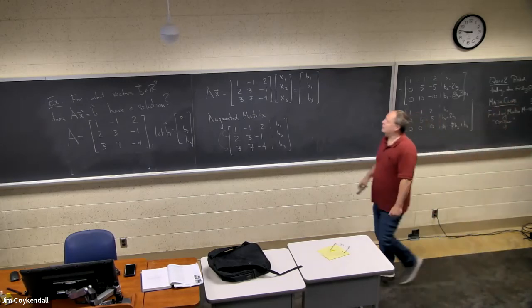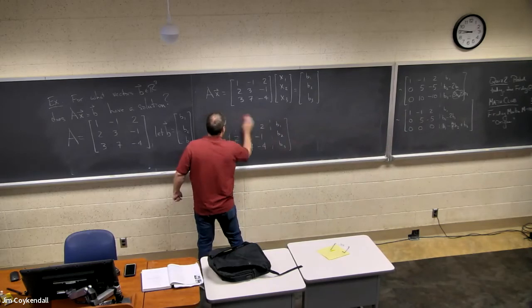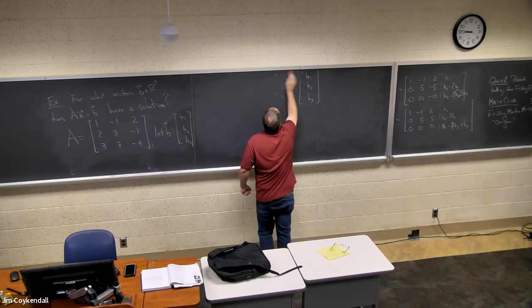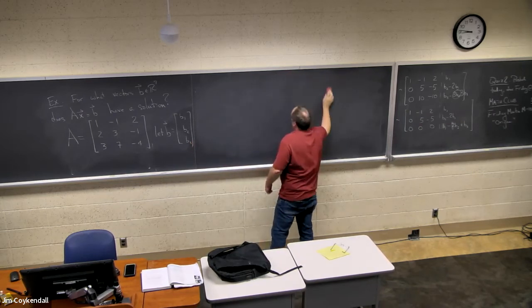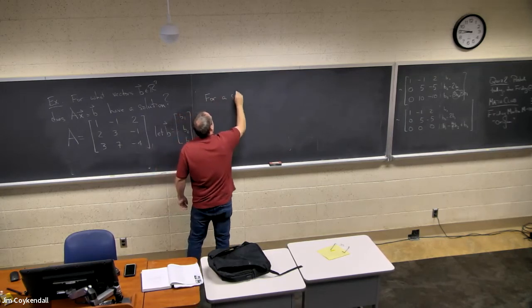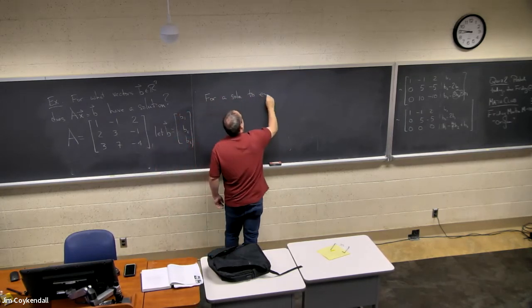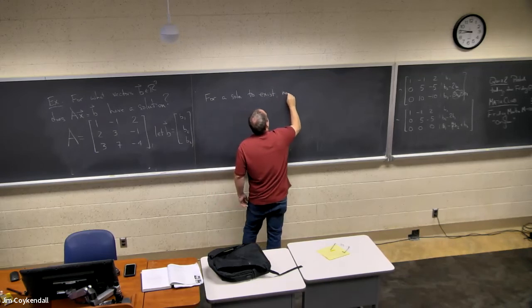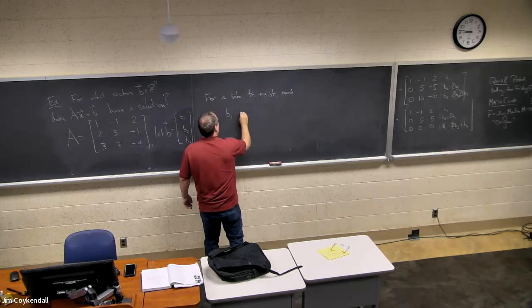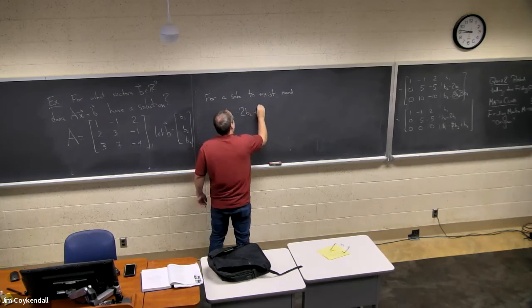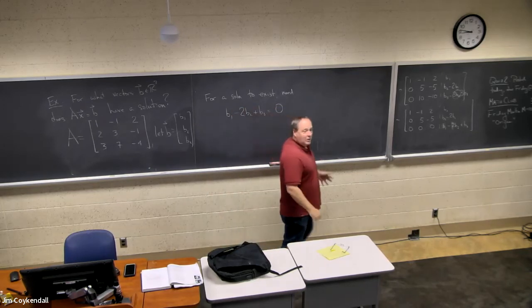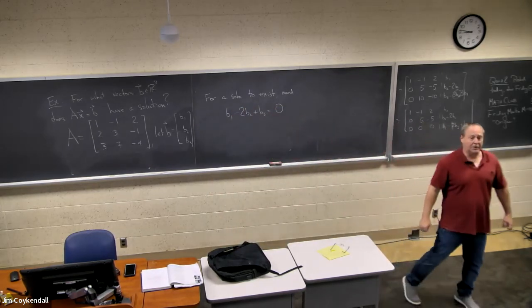So for a solution to exist, B1 minus 2 B2 plus B3 must equal 0. See? And that's the only equation. There's just that single equation.